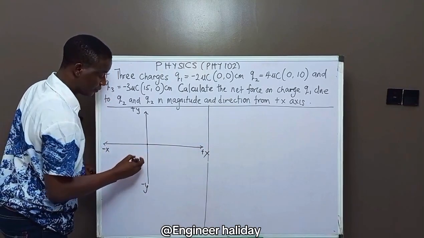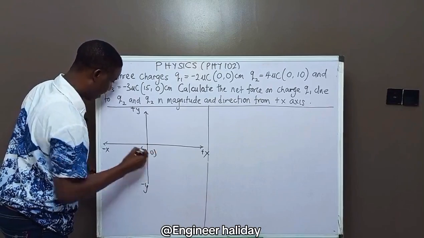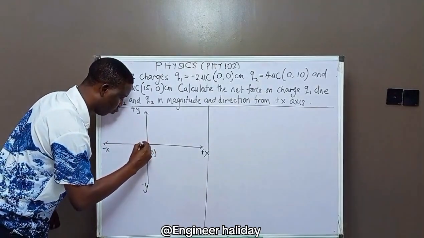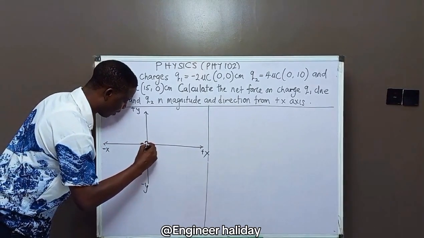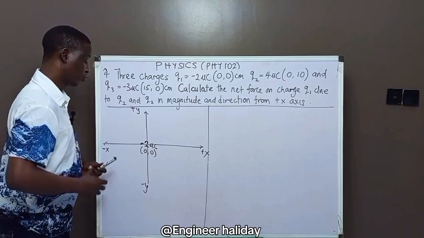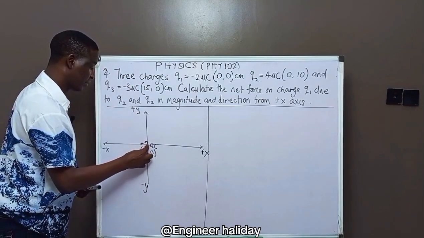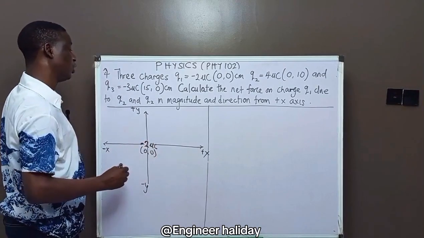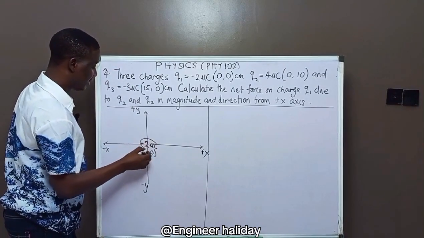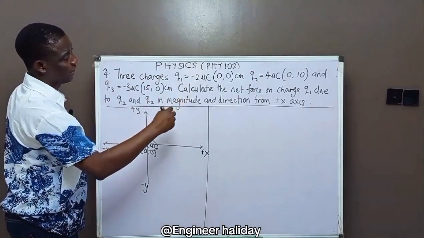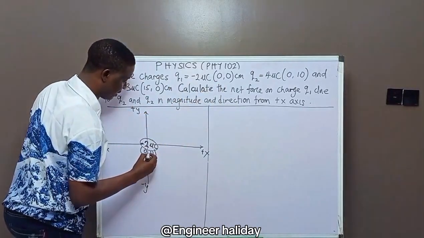This is the origin, 0, 0. Minus 2 microcoulombs is placed at the origin. Don't forget, minus 2 microcoulombs. There are other charges placed somewhere. Don't forget this is in centimeters.